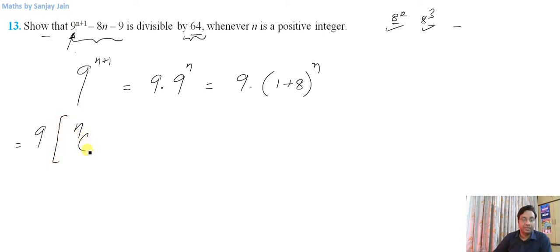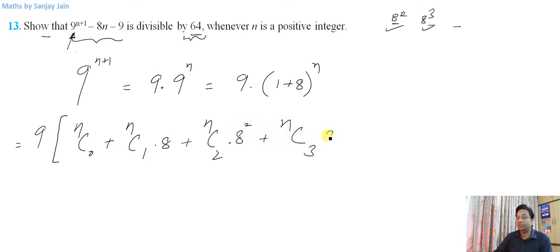So it will be nc0 plus nc1 into 8 plus nc2 into 8 squared plus nc3 into 8 cubed plus and so on till ncn 8 raised to power n. This will be the expansion of this part, 9 raised to power n plus 1.